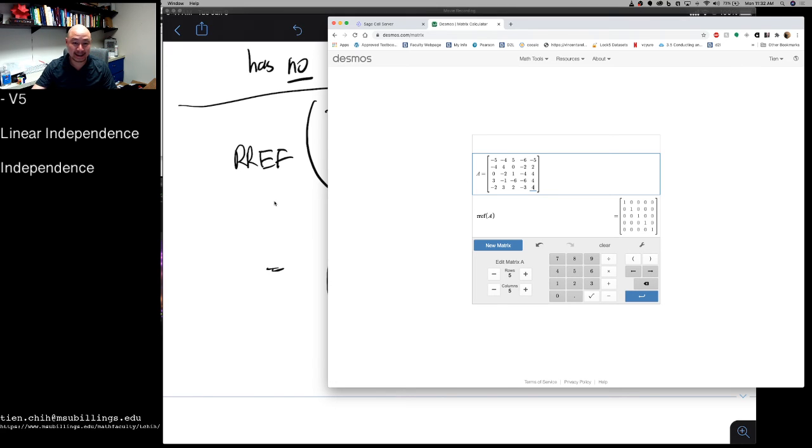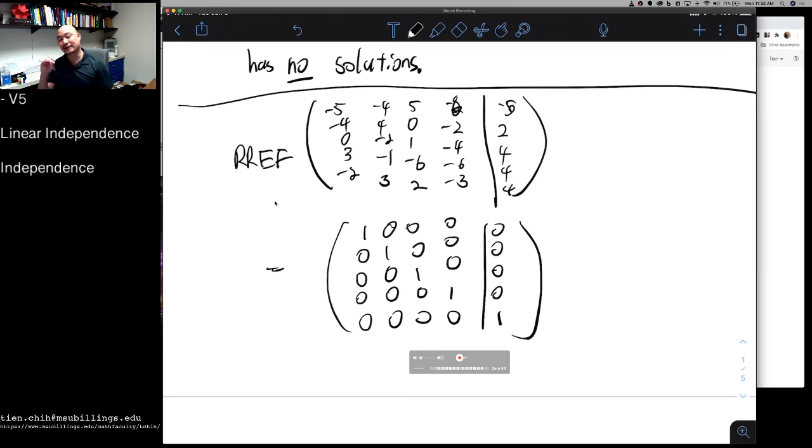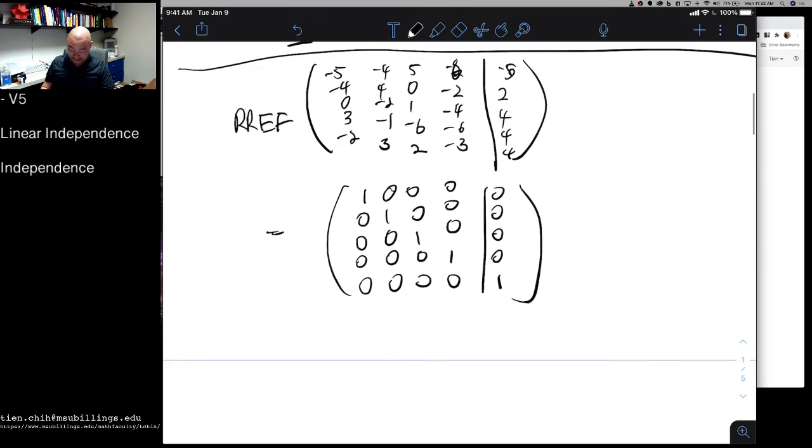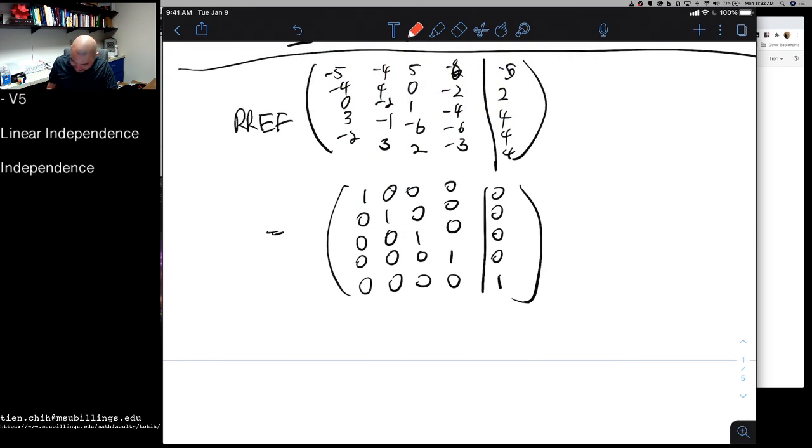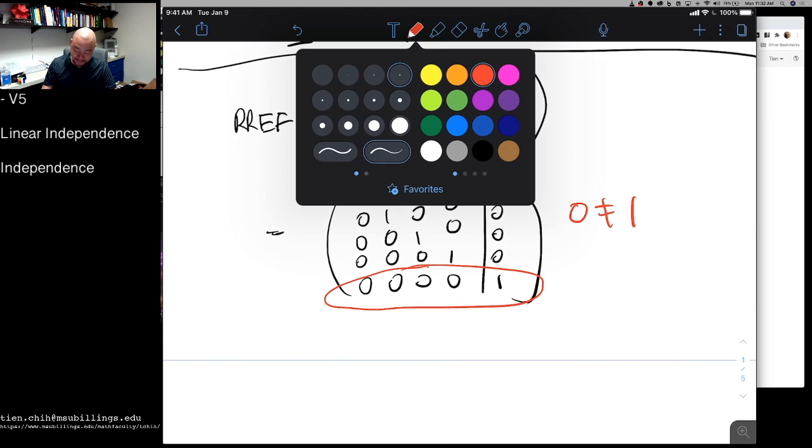So the reduced row echelon form of our augmented matrix is of this form. As we've noted before, the key thing to observe is that this bottom line implies that in order for this to have a solution, 0 would have to be equal to 1. And as we recall, that's not true ever.